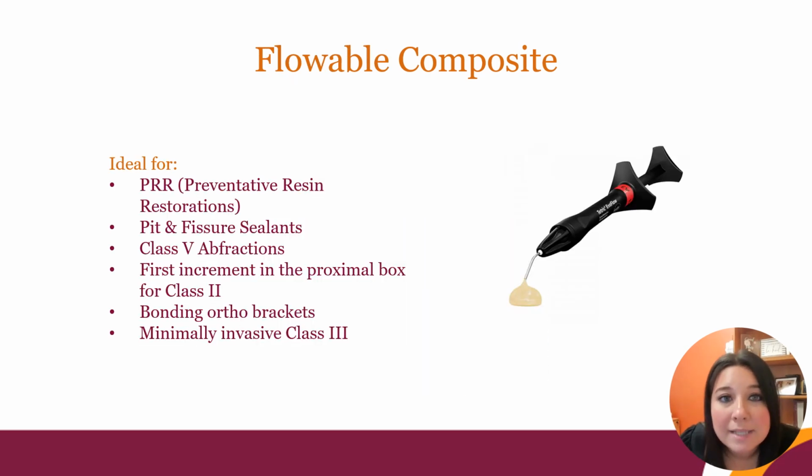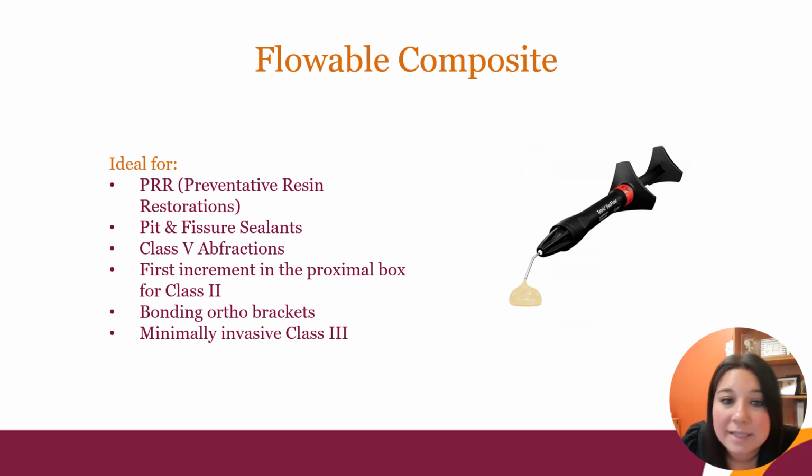So flowable composite is, again, very fluid, so it does allow it to seep into different areas that a packable composite can't get to unless you really are packing it in there. So it's ideal for PRRs, preventative resin restorations, which are similar to sealants but just a little bit deeper, to help prevent any decay from forming in the grooves of back molars.